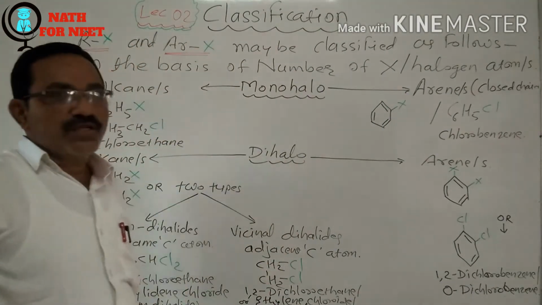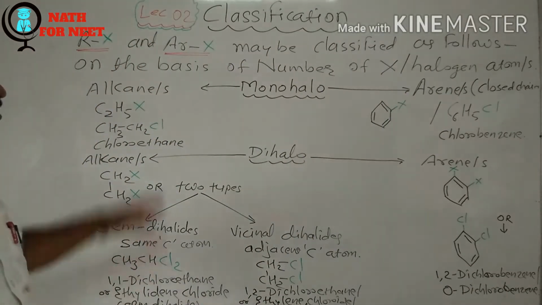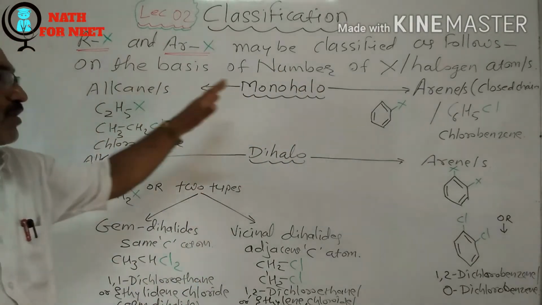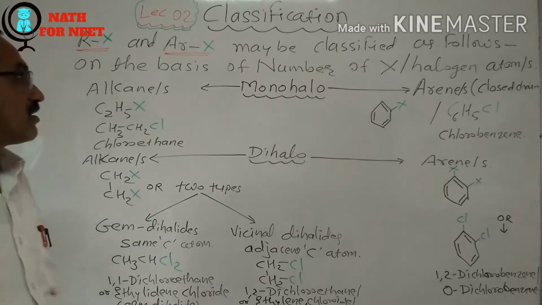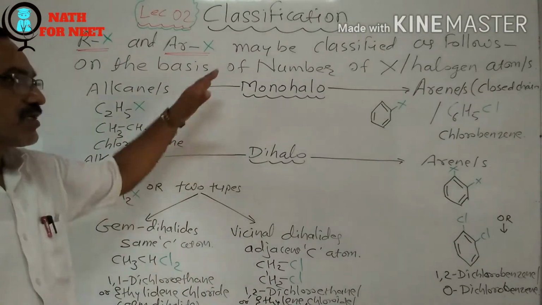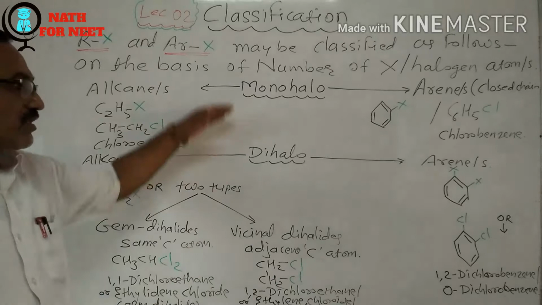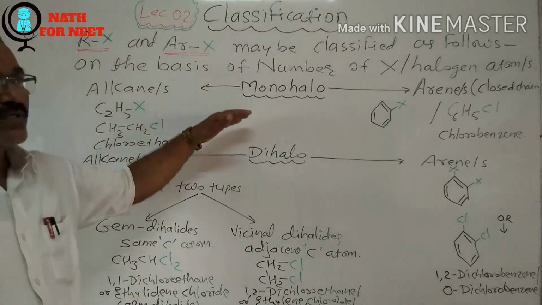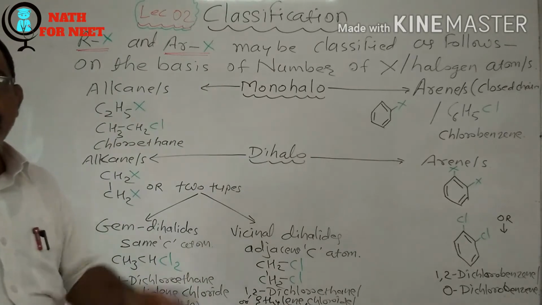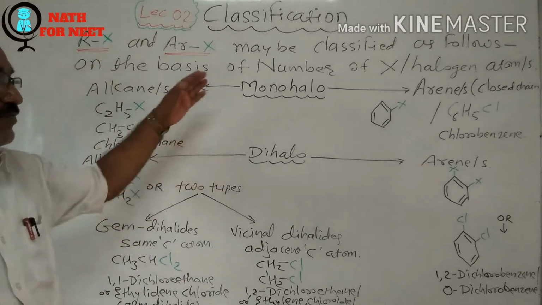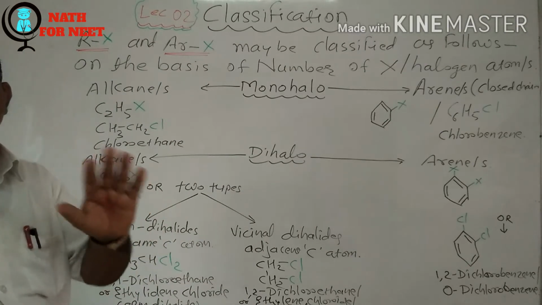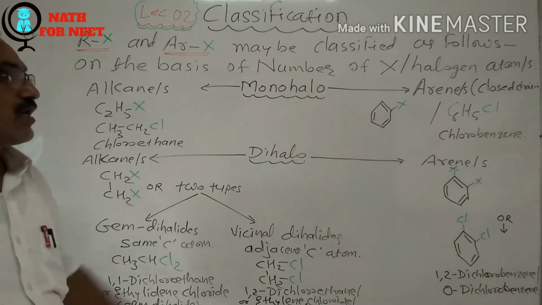According to your syllabus content, on the basis of the number of halogen atoms, these haloalkanes and haloarenes are classified into different types, depending upon whether they contain 1, 2 or more than 2 halogen atoms.